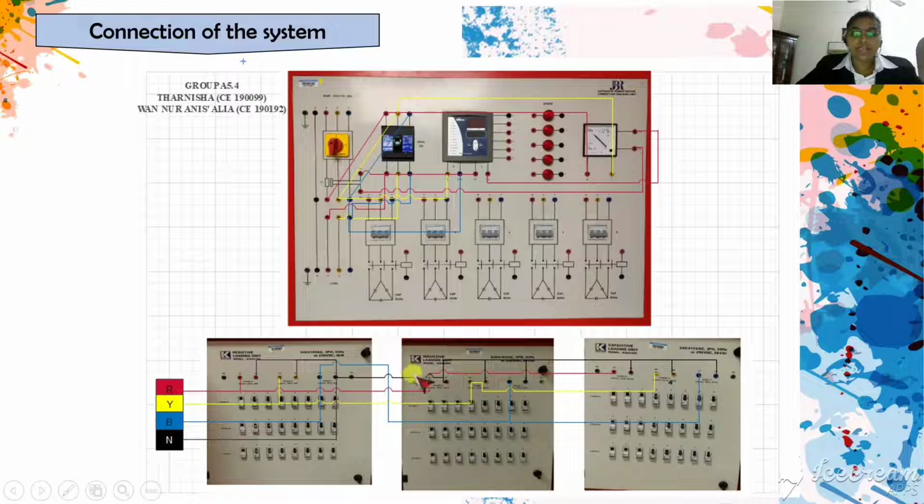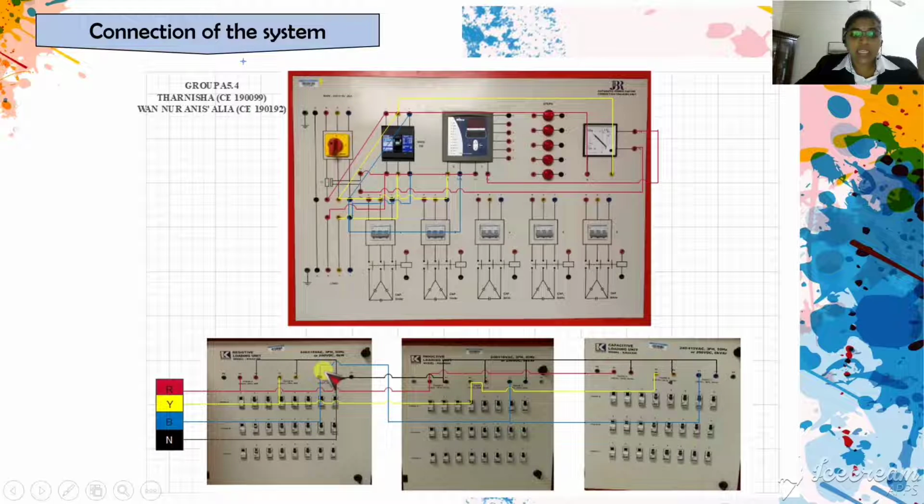So finally, for the first step, we will be measuring the operating power factor by only using the resistive loading unit and also inductive loading unit. So we can see here that there are four wires, which is red, yellow, blue, and also neutral. So the R phase is connected from an incoming resistive and also is connected parallel to the inductive, and the same goes to the yellow, connected to the resistive and also inductive, and blue connected to the resistive and also inductive.